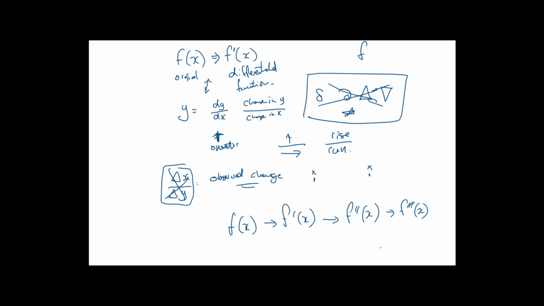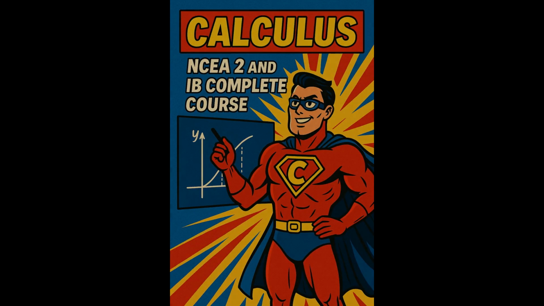It would get ridiculous after a while. You tend to use numbers like that, but you'll not need to use that at this stage. The most you'll ever need to do is differentiate something twice. And there's really good reason why you'd want to differentiate it twice, and we're going to get to that in the next lesson.